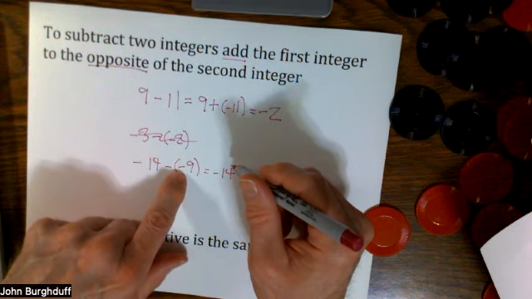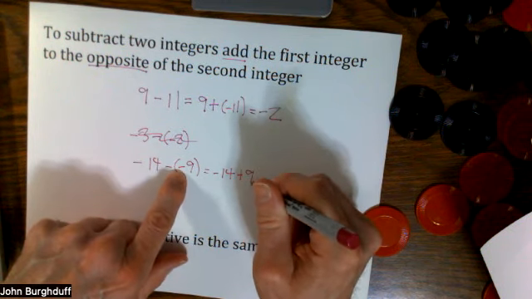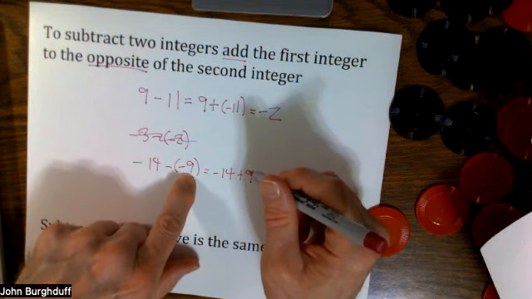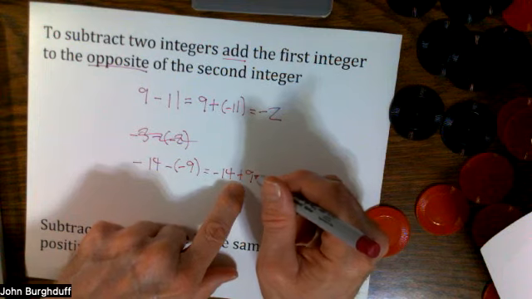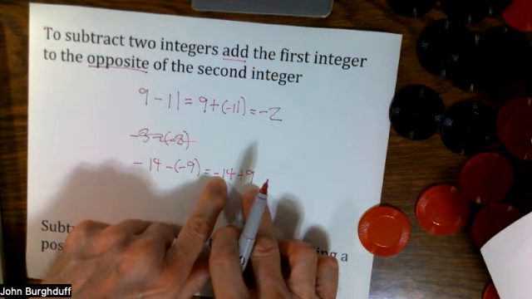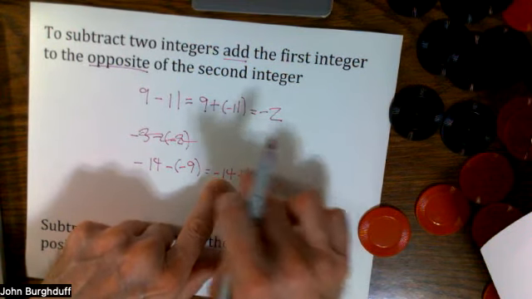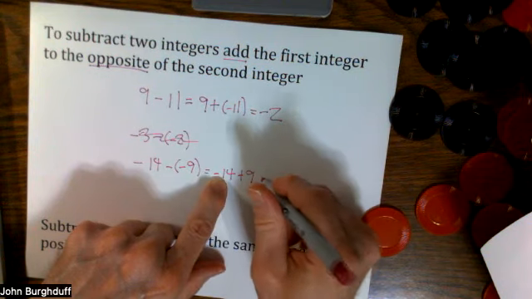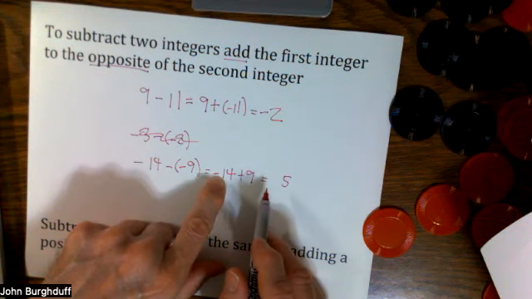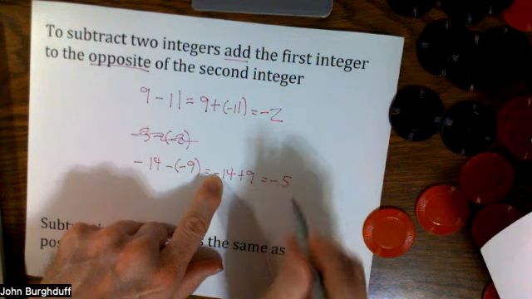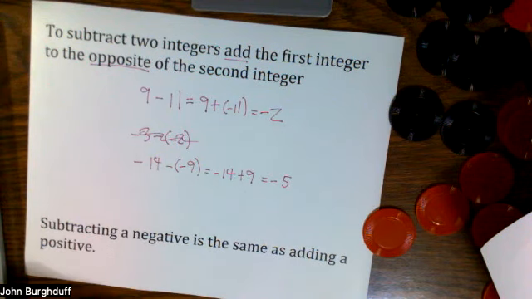So the second integer is -9, add a 9. -14 minus -9 is -14 plus 9. Adding 2 numbers with opposite signs, subtract the absolute values of the integers. That'd be a 5. Give the answer the sign of the number that's larger in absolute value. That would be the negative. -14 minus -9 is -14 plus 9. That's -5.